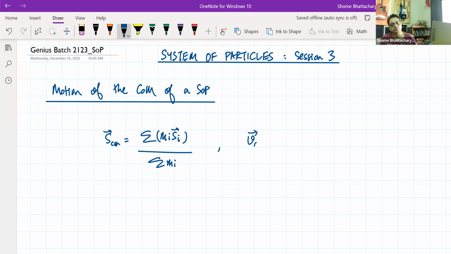Velocity of the center of mass similarly becomes the weighted mean of the individual velocities of the particles divided by the total mass.